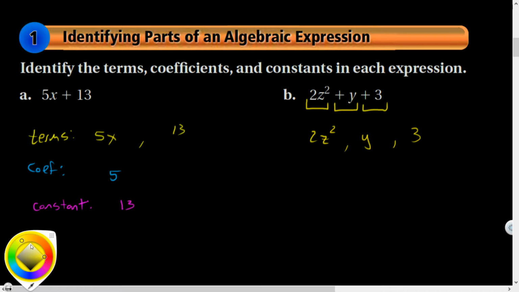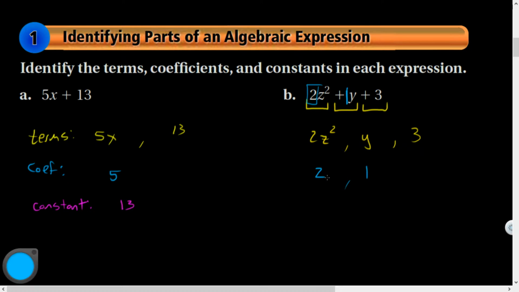What is the coefficient of the z squared term, Jimmy? The coefficient will be just the number in front, so it's 2. And let's see, Pooja, what is the coefficient of this y term? Yeah, there's an invisible 1 there.